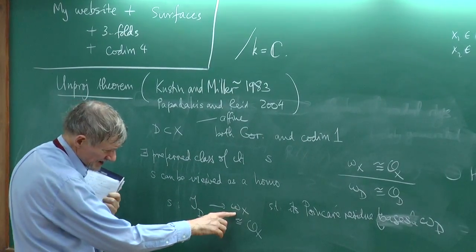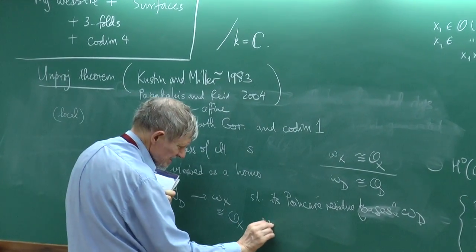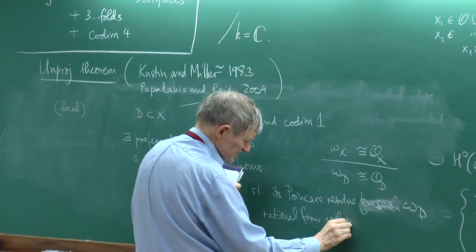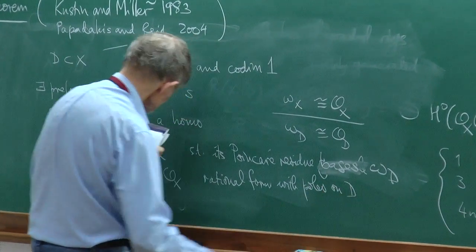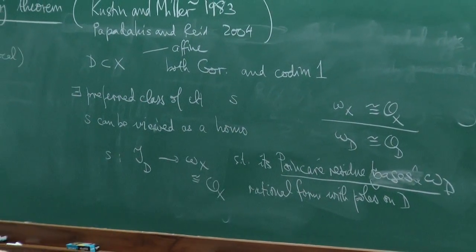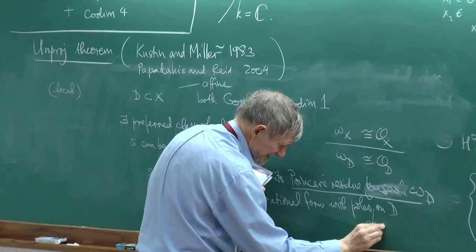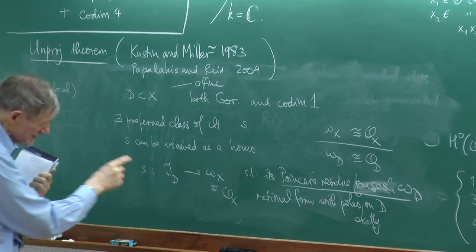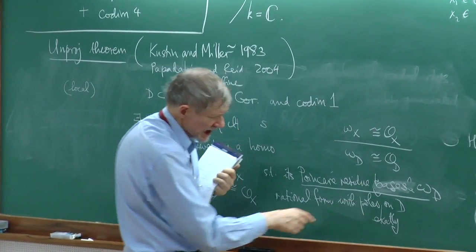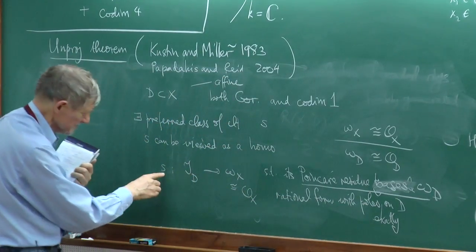So in other words, this is a rational form with poles on D. And this condition, its Poincaré residue is a basis of omega D, which I'm just going to explain, says that it has rational forms with poles exactly D. So this is a basis for all rational forms with poles on D. All rational forms with poles on D can be written as regular forms plus a multiple of this S.